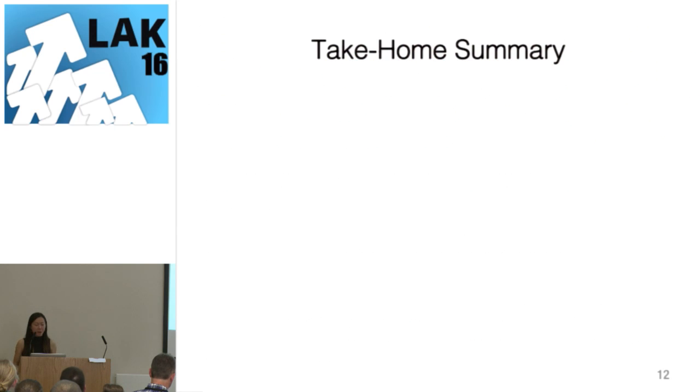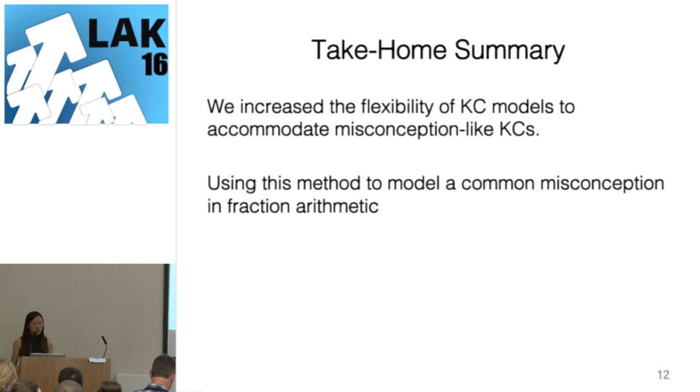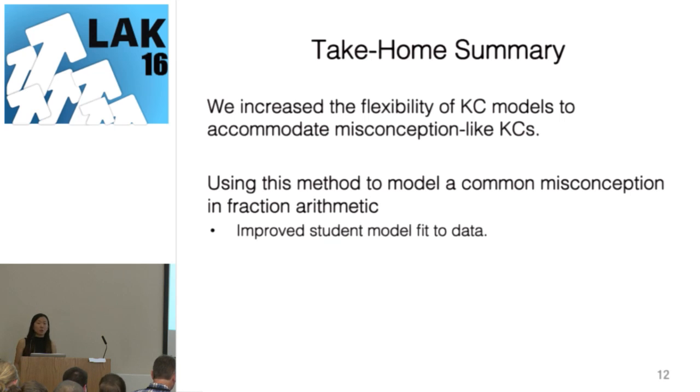Okay, so just to summarize, we increased the flexibility of KC models to accommodate misconception-like KCs, and this is quite general. It could be anything that would systematically predict incorrect performance on certain problem steps. And we used this method to model a common misconception in fraction arithmetic, which then improved the student model's predictive accuracy when fit to data.